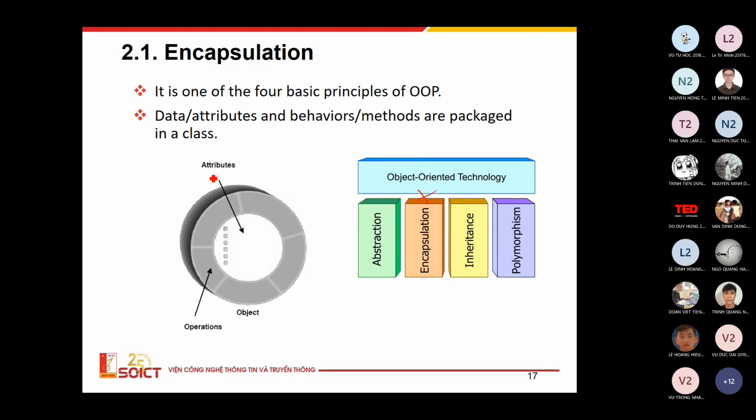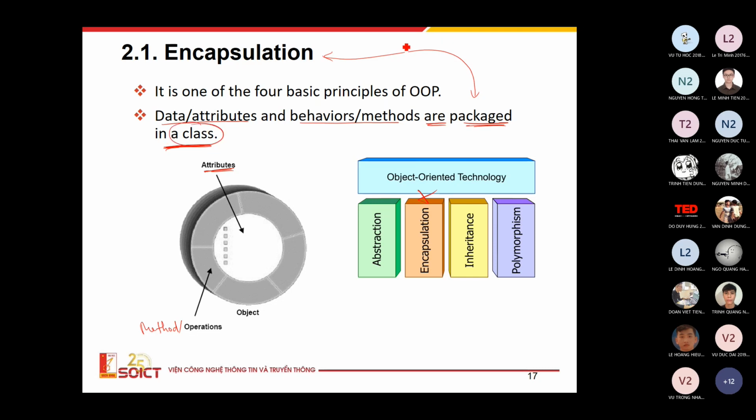Okay, we know about the attribute, we know about the method or the operator, and now the data and this method will be packed in a class. Okay, so that's it. The encapsulation is some kind like you packing the data or the attribute and the method in a class.